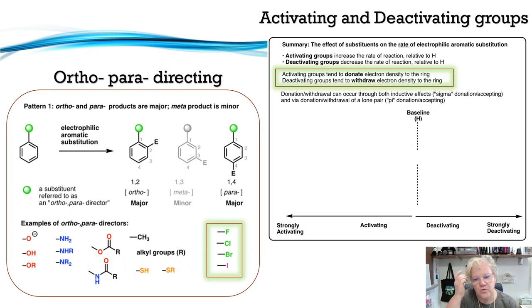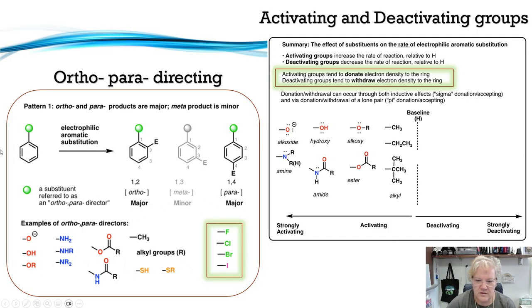Activating groups tend to donate electrons. We've talked about this, this will be like the third or fourth time you've heard it, so hopefully it's gone in. Deactivating groups tend to withdraw. These are all strongly activating. These are deactivating.